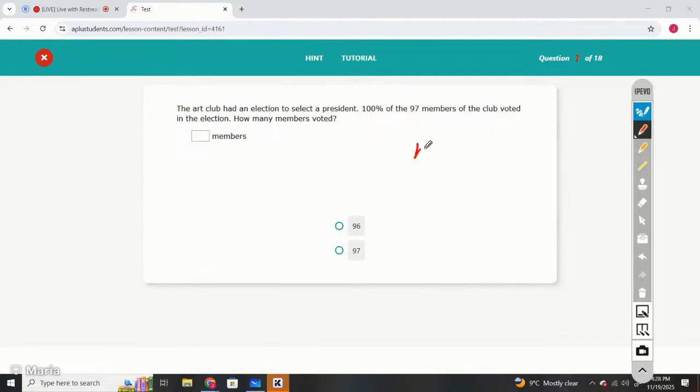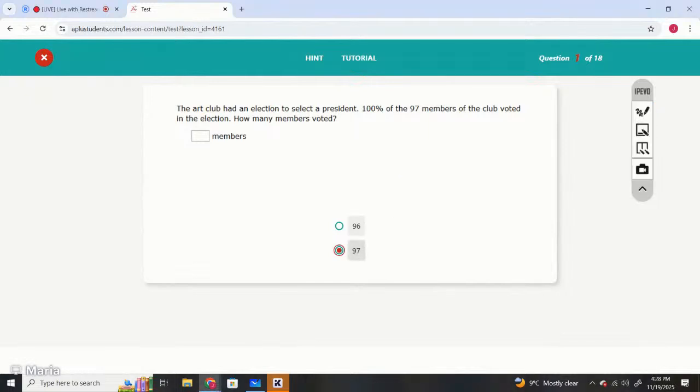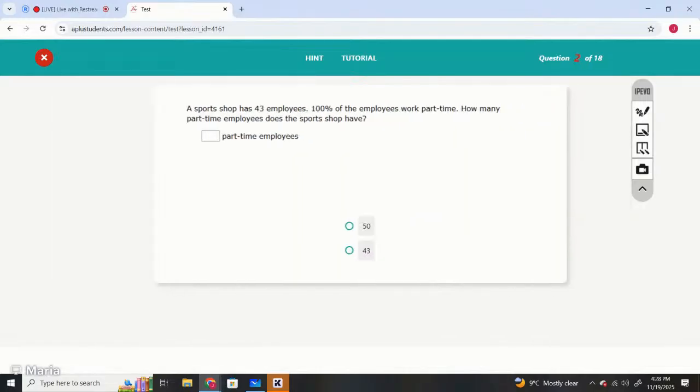So it would be n divided by 97 equals 100 over 100, right? So 100 over 100 is 1. So n is equal to 97. That means 100% of 97 is 97. Option number 2 is the correct option.